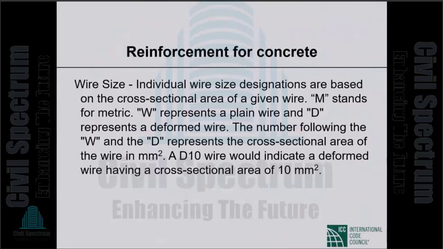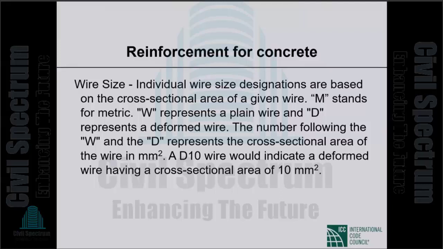Now, wire size, when we say D4, what does it mean? Individual wire size designations are based on the cross-sectional area of a given wire. M stands for metric, W represents plain wire, and D represents deformed wire. The number following the W and the D represents the cross-sectional area of the wire in square millimeters.